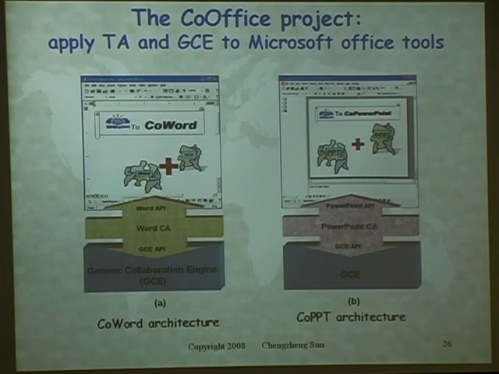We apply this technique to Microsoft Office tools. The initial research chose Microsoft Word and PowerPoint as our initial targets. As you can see, these two systems share the same architecture. They use the existing application, they use the same engine, but we built two different adapters.